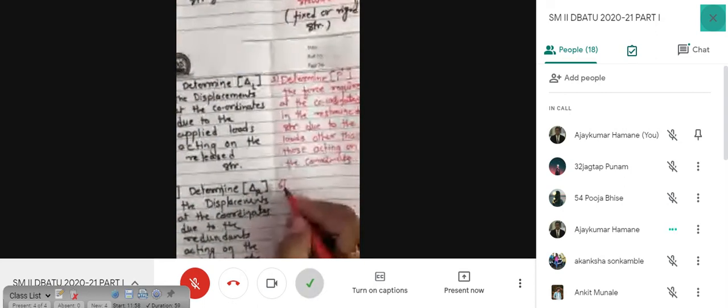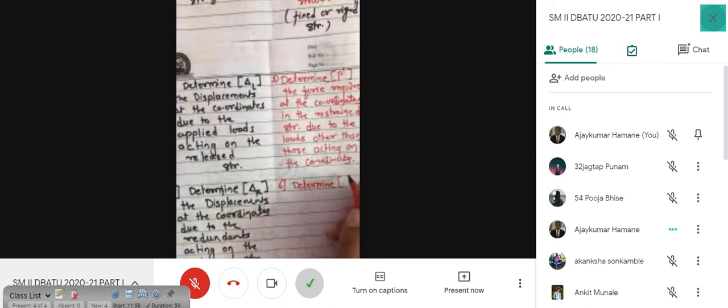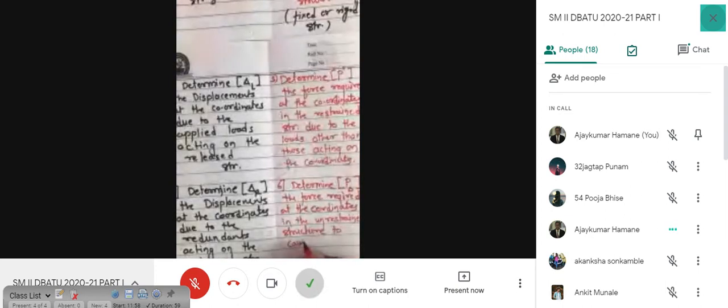Here sixth, determine P delta. That is the force required at the coordinates in the unrestrained structure to cause the independent displacement components delta.